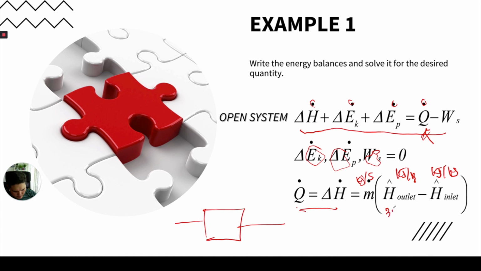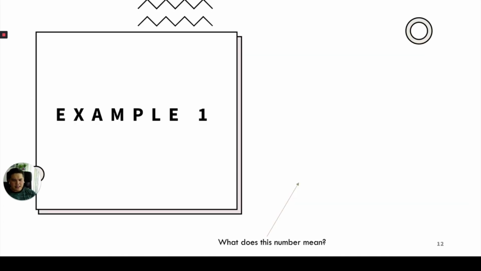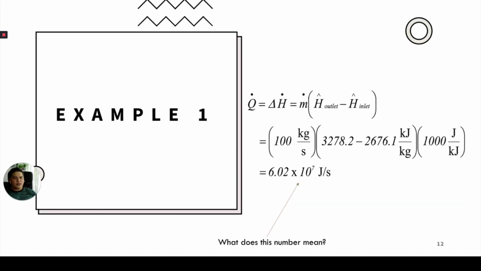In the previous information, you got 3278.2 minus 2676.1. And then the amount M that you provided here is 100 kilogram per second. So you can cancel out the kilogram, and what you have is only kilojoule per second. This is where you can calculate your Q as shown in this equation.